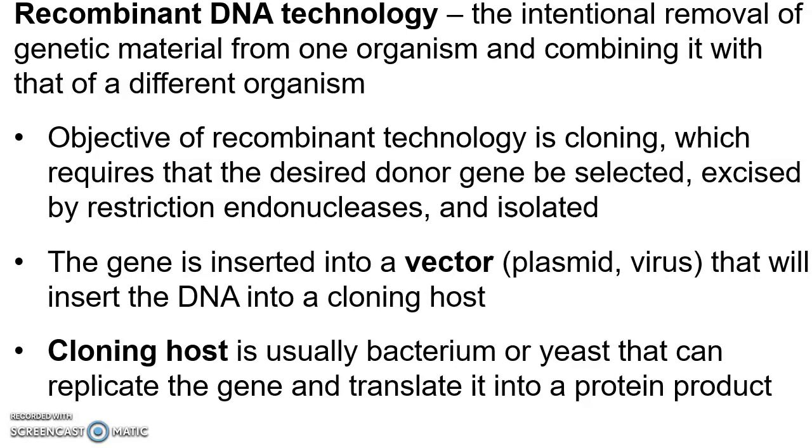Then that gene is inserted into a vector like a plasmid or a virus that can then insert the DNA into a cloning host, and cloning hosts are usually going to be bacterial cells or yeast, and then the bacterial cell or yeast will then replicate that gene and translate it into a protein product. A lot of times, almost always, the desired product of this technology is a protein.